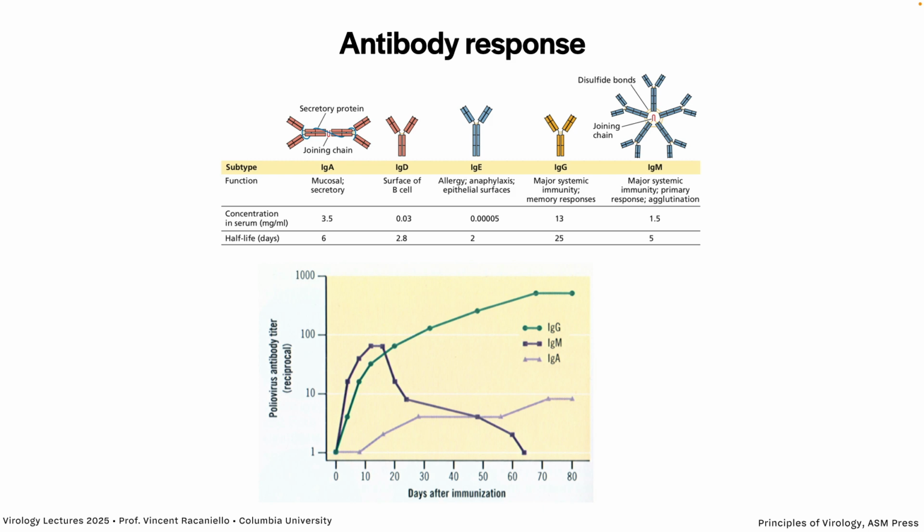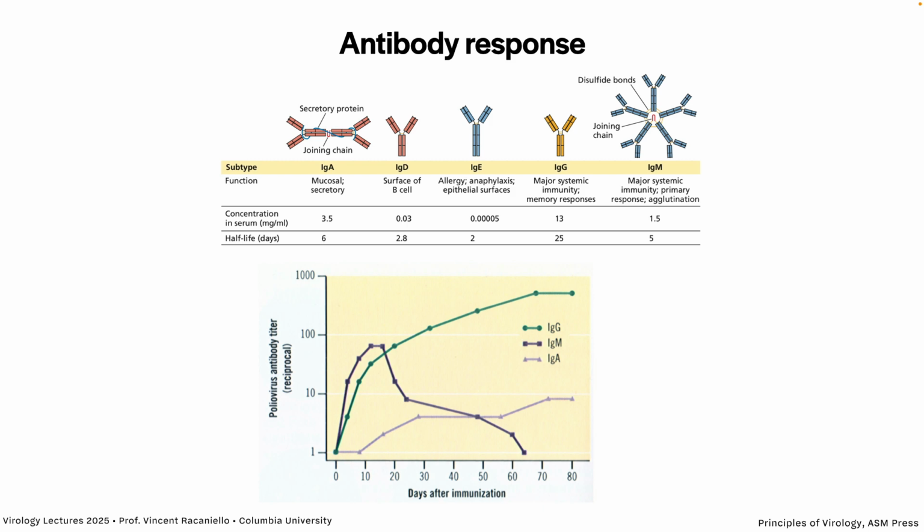We also have other kinds. We have IgE, which we're not going to talk about. It's mainly involved in allergies and parasitic responses. We have IgD, which is the name for the antibody on the surface of the B cell. I just call it the B cell receptor, but it could be called IgD. And then we have IgA, which is present in the mucosa.